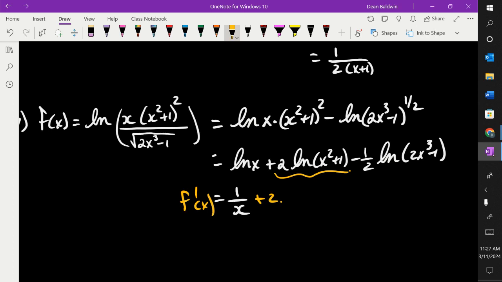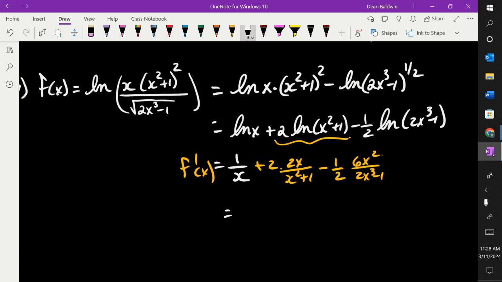1 over x squared plus 1. And then the derivative of x squared plus 1 is 2x, which goes in the numerator, minus 1/2, the constant just keeps out, over 2x cubed minus 1. The derivative of that is 6x squared. And then you just want to clean it up.